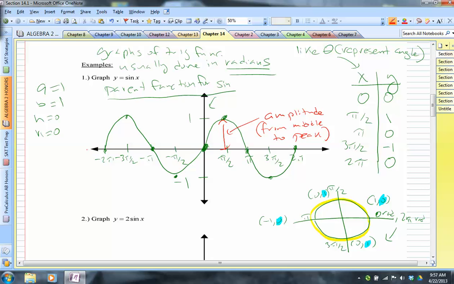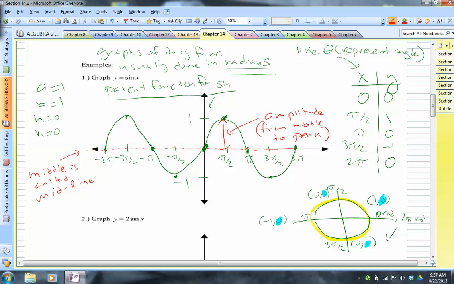And by the way, the middle of the graph, if I were to draw a dashed line through it, is called the midline. This will be pretty important when we get to 14.2.